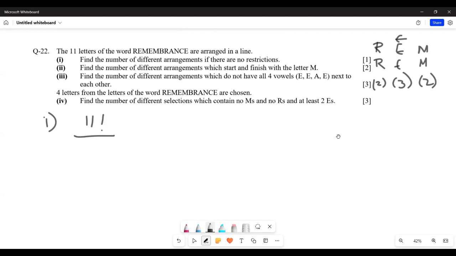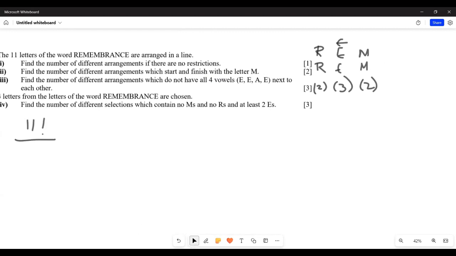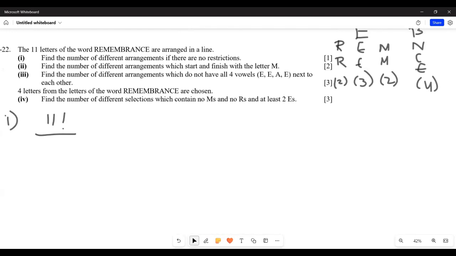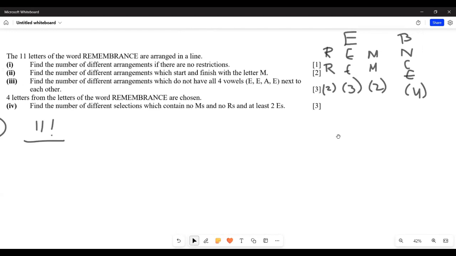I think that's it. And apart from these letters, we have B, R, A, N, C. So 4 more letters. Okay, so 11 factorial upon number of repetitions.